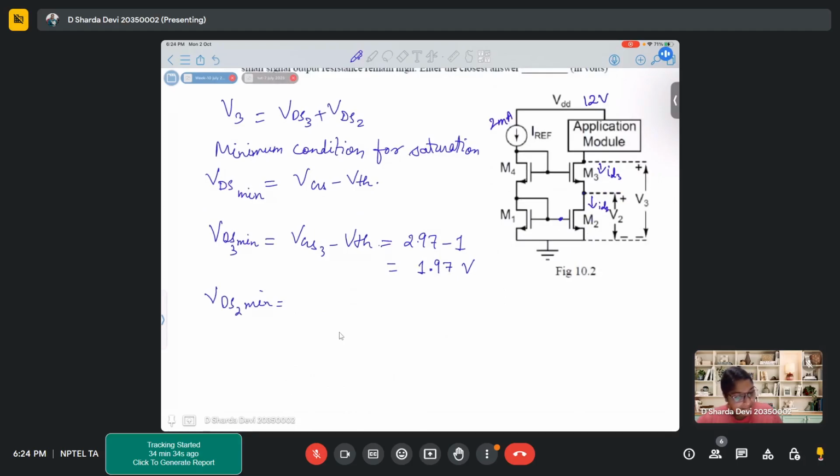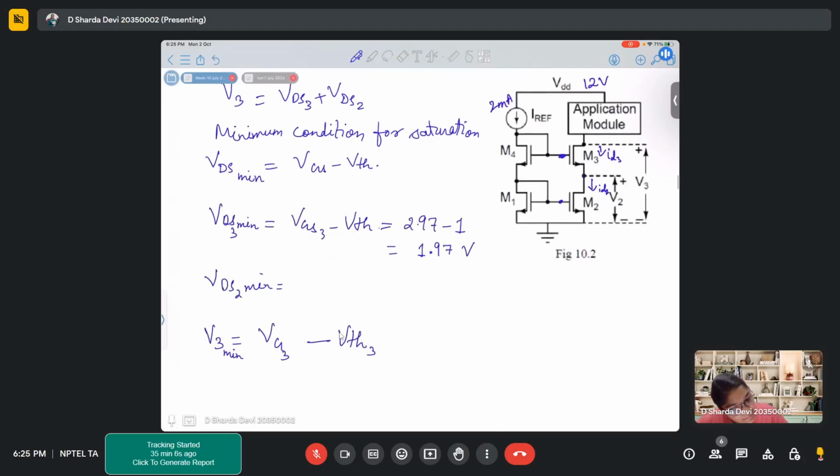It can be written as V3 equals VG3 minus VTH3. Now, if we see the gate potential over here, what is the gate potential?